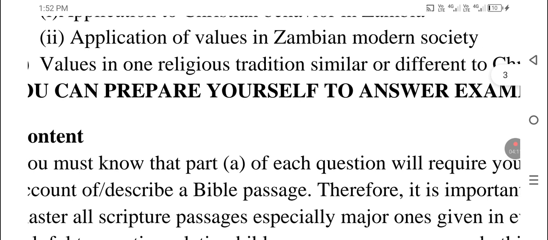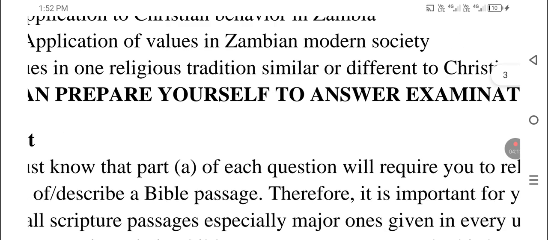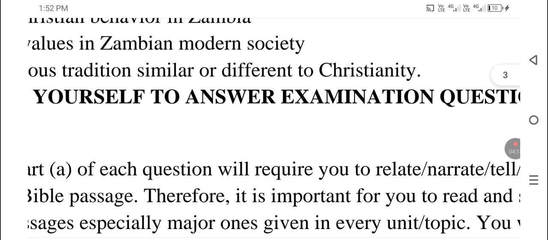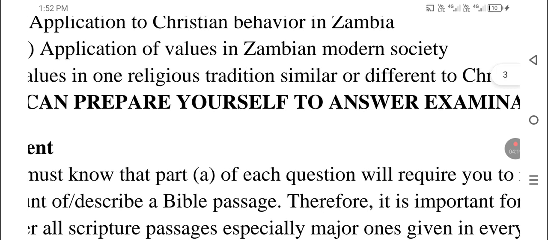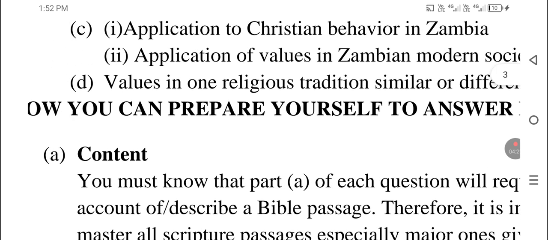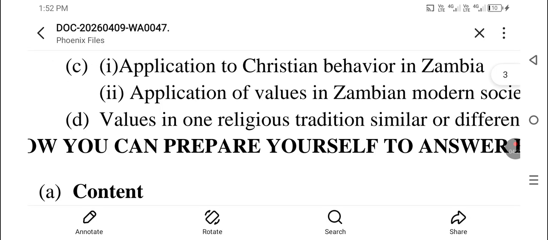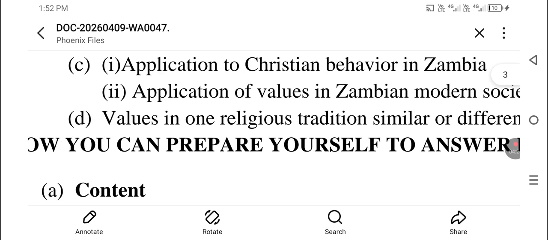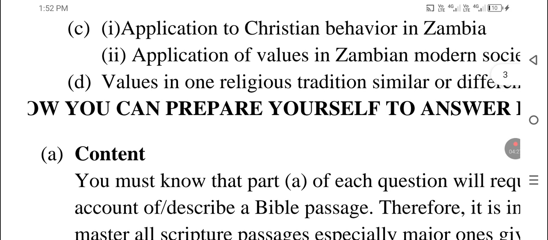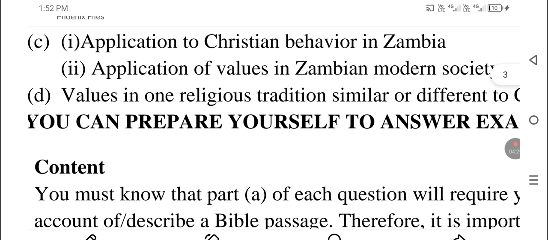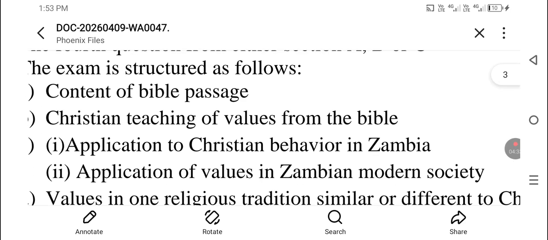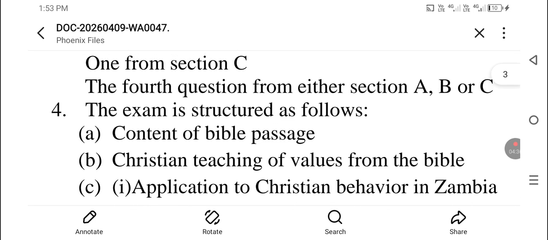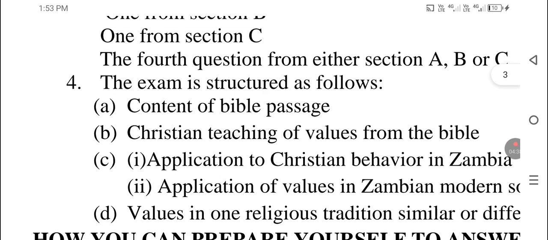Then D is values in one region's tradition similar or different to Christianity. So the last question from each question, D1, D2, D3, D4, is all about similarities. You are giving similarities or differences between or among the three religions. What am I trying to say here?